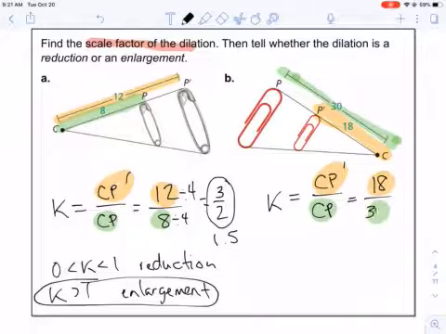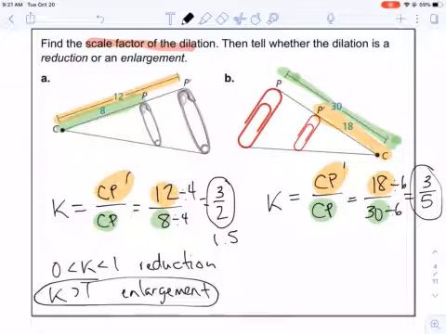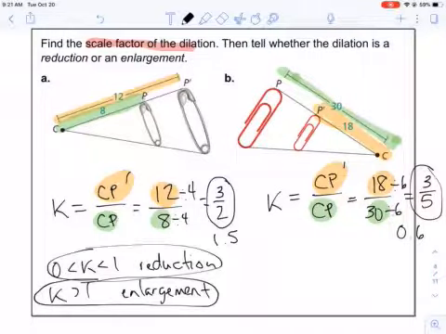Now again, we want this as a reduced fraction. The biggest number I can divide both of these by is 6, so I get 3 over 5. Now I check it out. 3 over 5 is 0.6. Well, that's between 0 and 1, so this is a reduction. We're going to get smaller if we do this dilation.